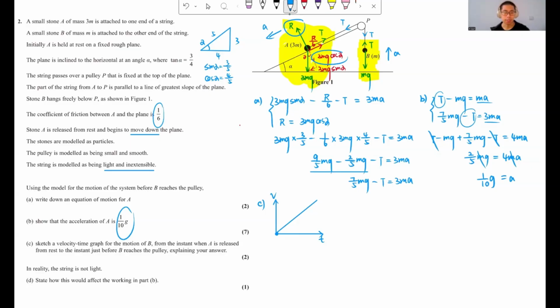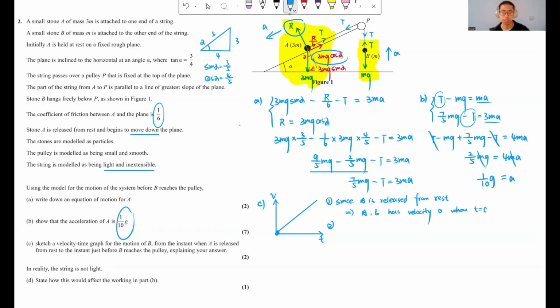So we can say, since A is released from rest, that means A and B have velocity 0 when t equal to 0. That's why we start from the origin. Yeah. And then also, this is the first point.